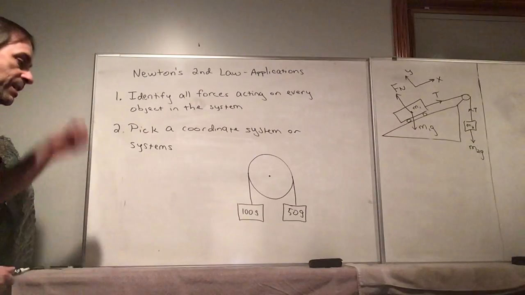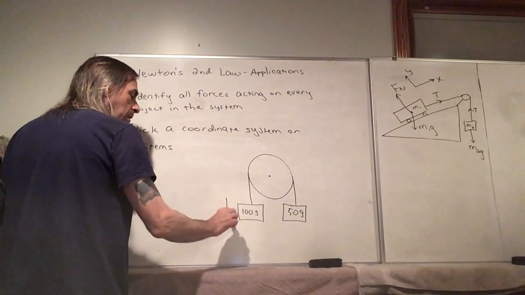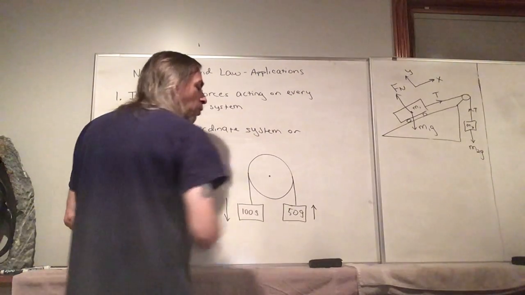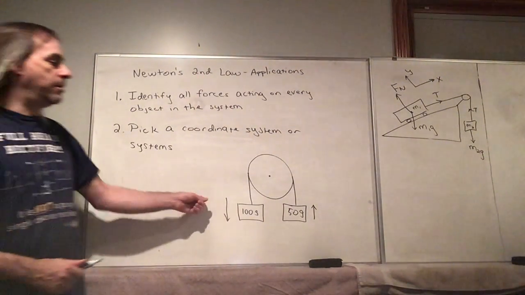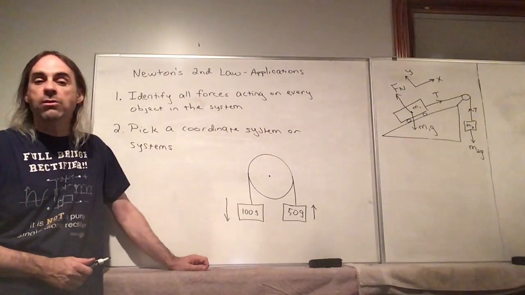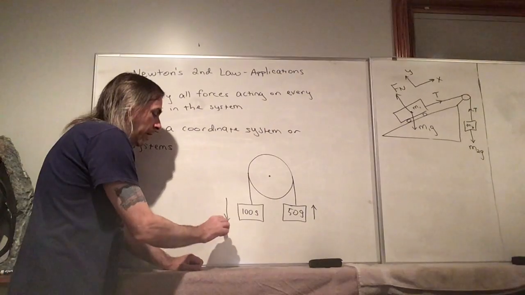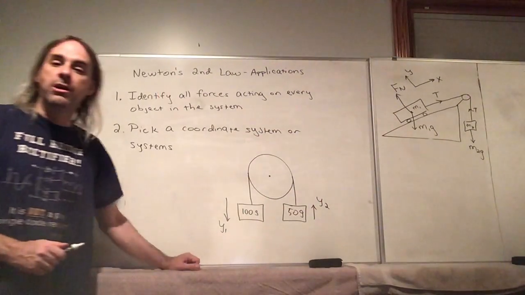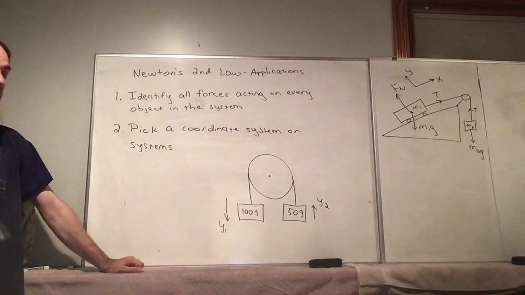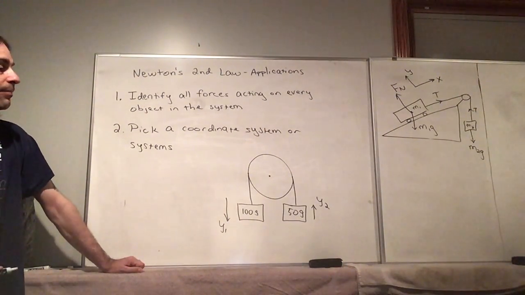And let's say we release it from rest, so we know this cart is going to move down, and this cart is going to move up. So there's two ways we could go about applying Newton's second law here. We can pick two coordinate systems. We can say this is y1 and this is y2, and just have a different coordinate system for each mass. That's perfectly fine. That's probably how I would do it in this case.